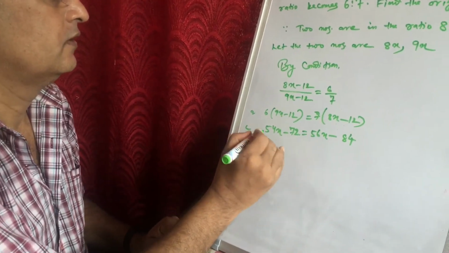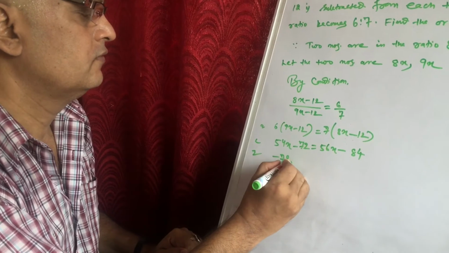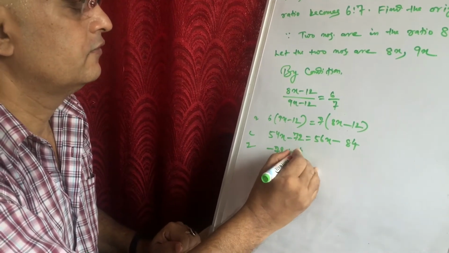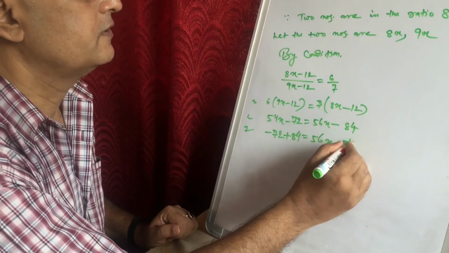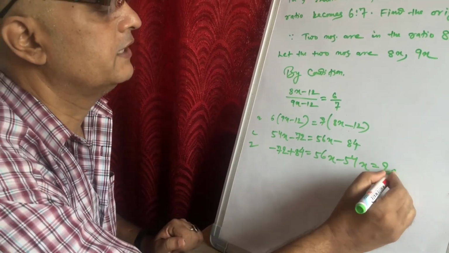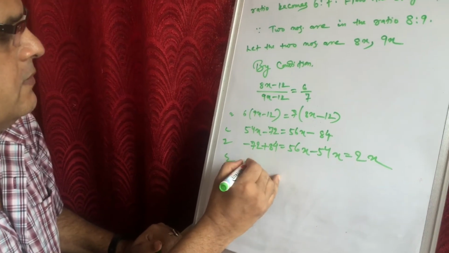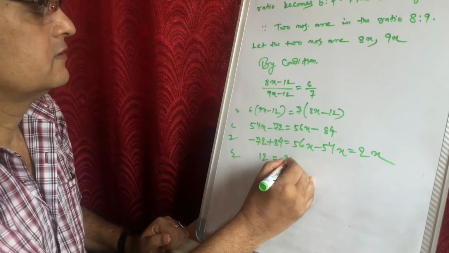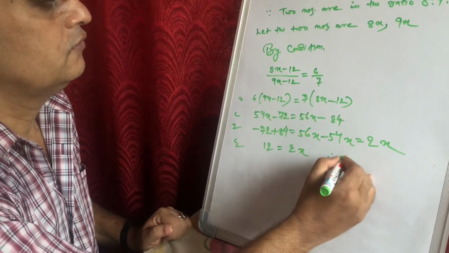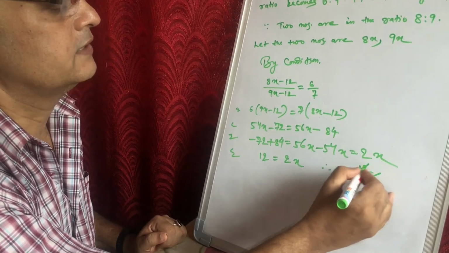So minus 72 plus 84 is equal to 56x minus 54x, which is 2x. So it will be 12. 12 is equal to 2x. So x is equal to 12 by 2, that is 6.